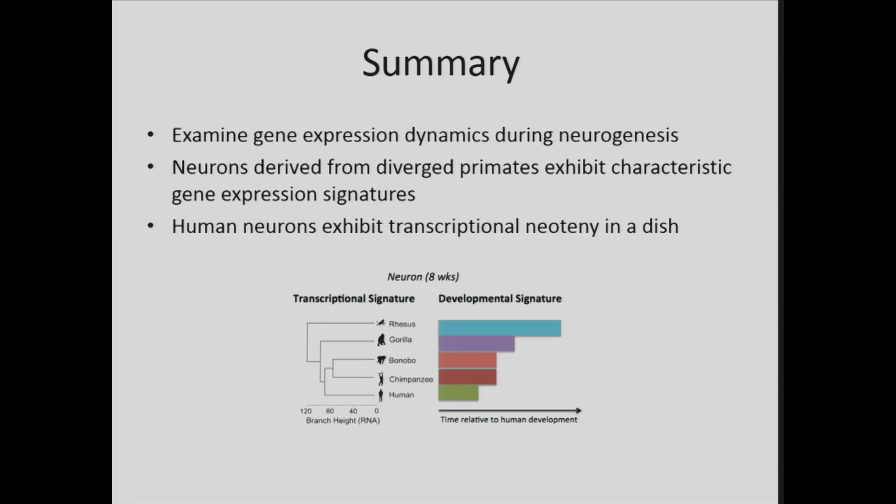But independent of all those conserved gene expression profiles, we can actually pick up expression profiles that are specific to the species that neuron is coming from. So I'm going to show you some of those profiles and further tell you that human neurons have a very specific sort of phenotype, and that it maintains this neotenic phenotype compared to the other primates, meaning that it stays younger, or it looks like it might be staying younger longer.